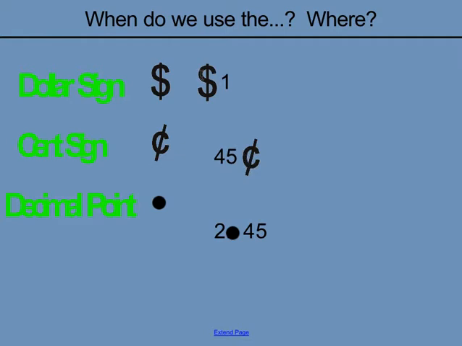Notice that we don't use the dollar sign and the cent sign at the same time. Here's our decimal points again, just really big for you to see this time. Maybe I went and I bought a gallon of gas, I wish, for $2.45. So those are some different ways that you will see money used, and I bet you can think of some other examples too.